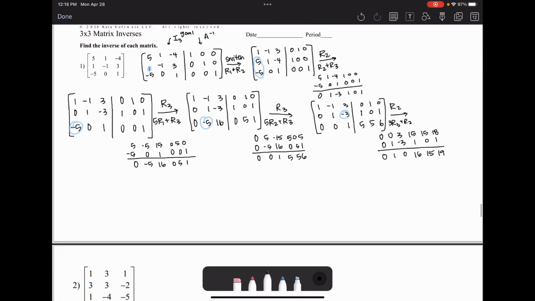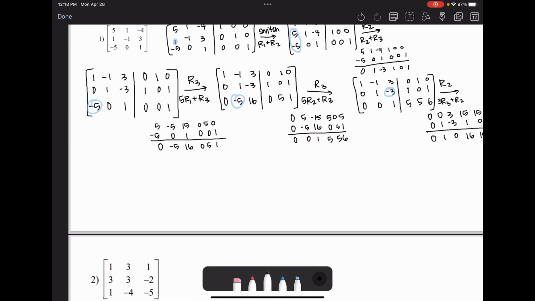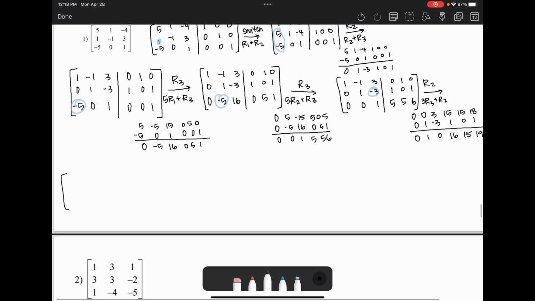And again, I don't think I have quite enough space to write it on that side, so I'm going to rewrite it over here. And we're almost done. Just a few more steps. So first row didn't change. Second row is 0, 1, 0, 16, 15, 19.